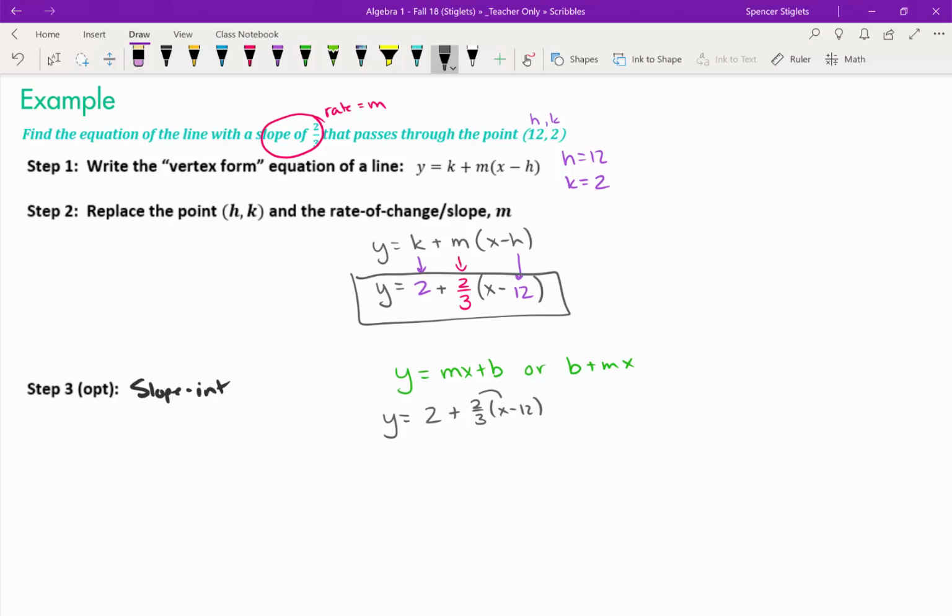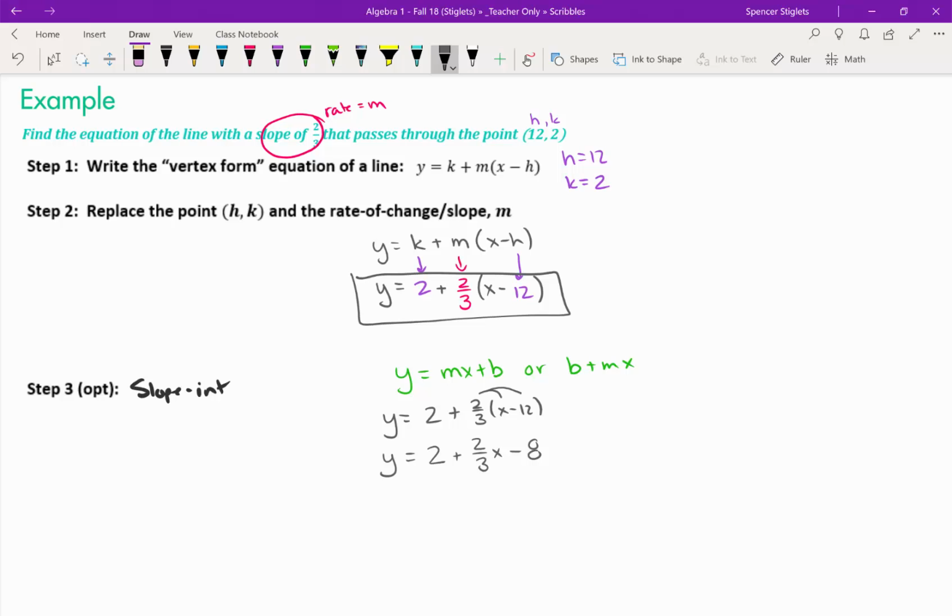So just simplify. 2/3 times x is 2/3 x, and that's a positive. And 2/3 times 12: 12 divided by 3 is 4, and 4 times 2 is 8, so minus 8. And I have a 2 in the front. Again, you're welcome to do that calculation off to the side, but I'm doing it just to go fast.